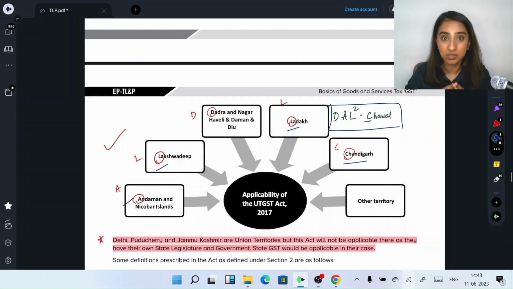You need to remember this because let's say in any question they give you Ladakh, you have to choose the option of Union Territory, UTGST, not SGST. So for that you need to remember. If you simply read and go, you will not remember. So you will not forget if you think that Dal Chawal is for Union Territories.